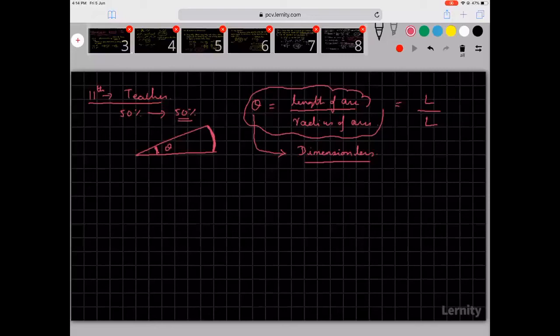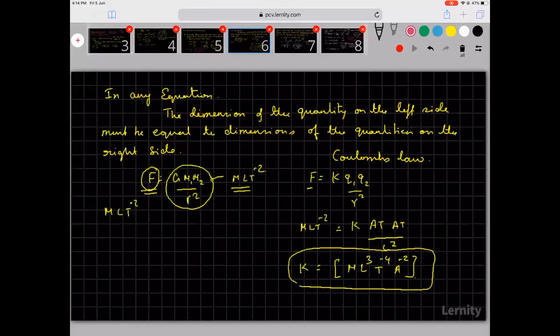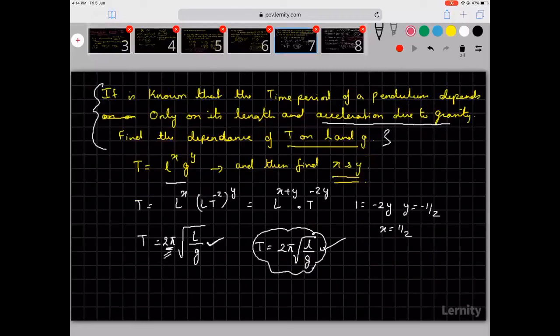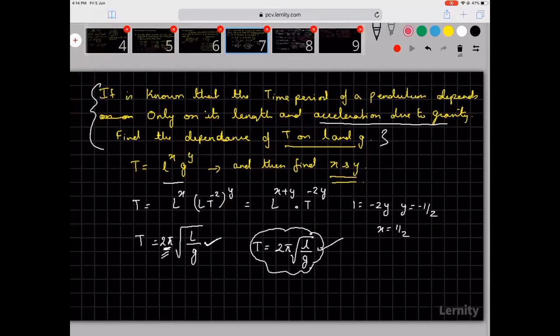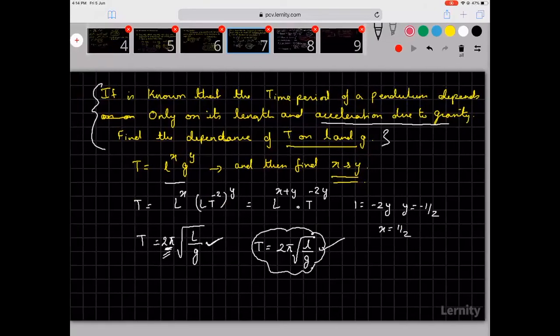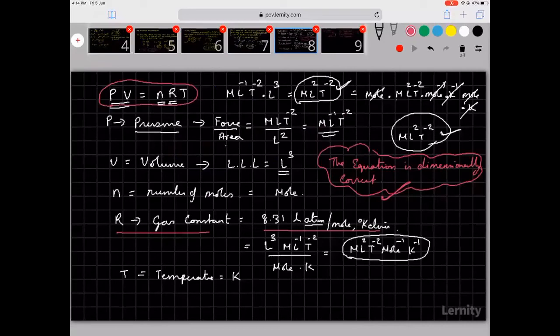So start investigating, start trying to find out, only then will you learn it. So we did all this, then I explained to you the dimensional correctness of a formula. I took a new formula and explained its dimensional correctness.